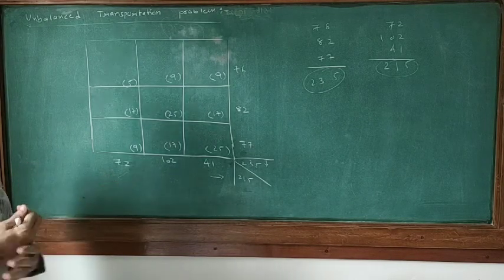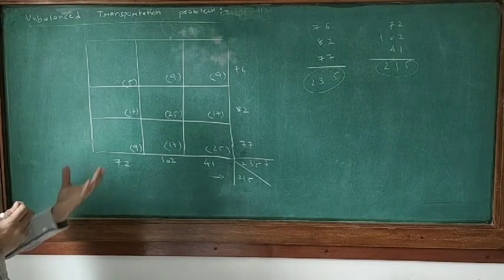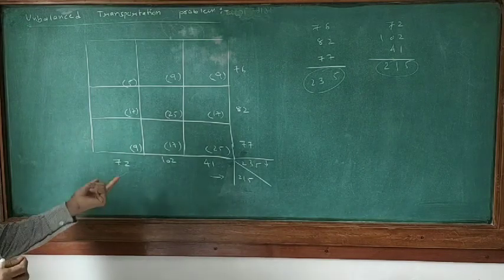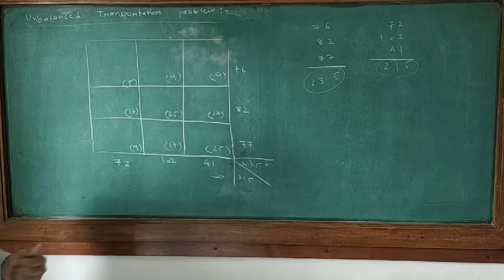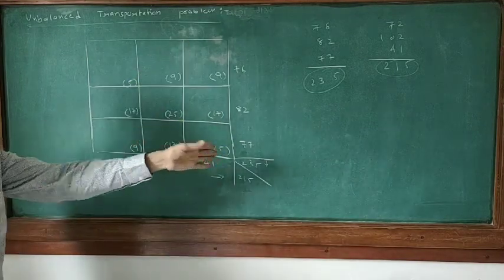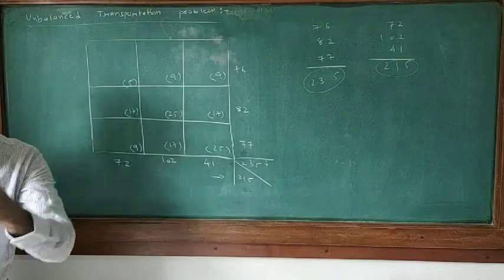Just try to understand this situation, because in the previous sums we have taken, there was not such a type of situation, because at that time supply and demand were all the same. Just see that.